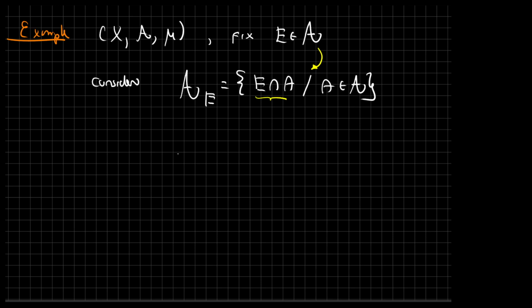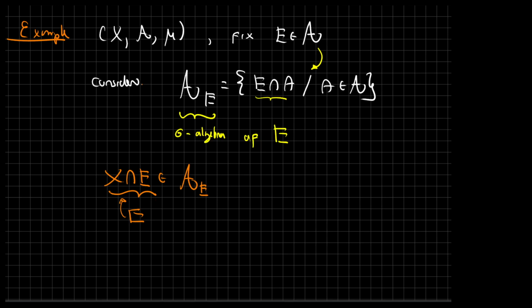It is interesting that this is in fact a sigma algebra, but of E. It's not a sigma algebra of X, but of E, and that can be clearly understood because you won't have X as an element, because X will be intersected with E. Since E is a subset of X, this will be E, unless, of course, E is equal to the whole space.